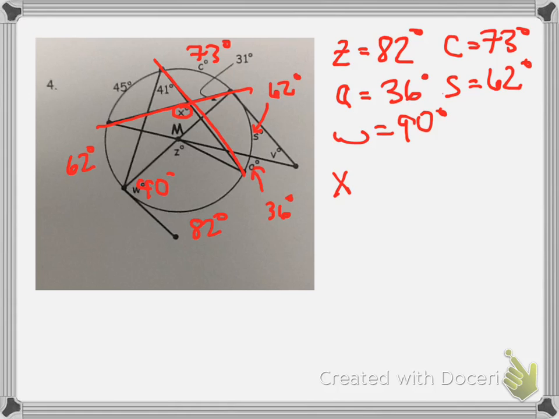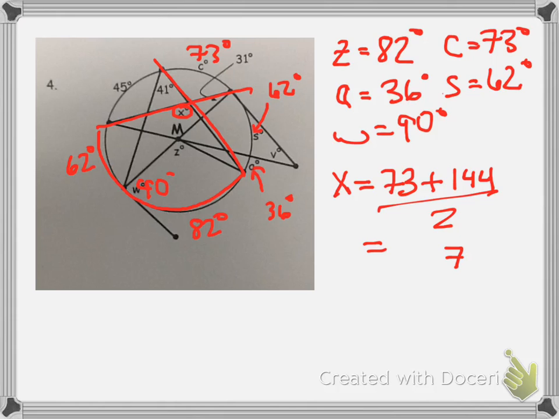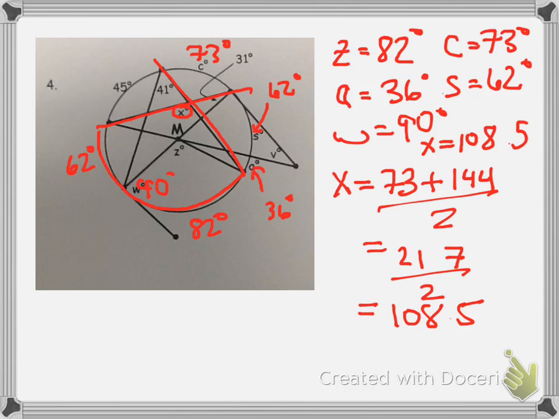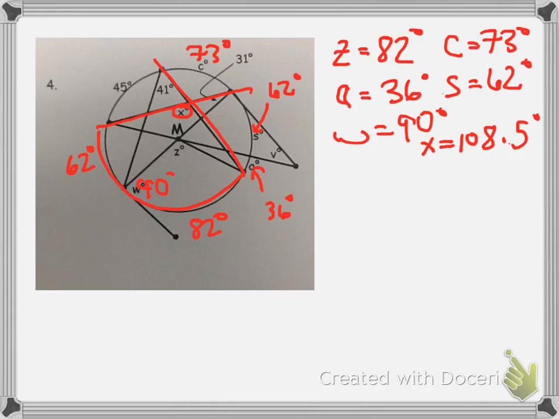So you've got X equals 73 plus, and then 62 plus 82 is 144, so 217 divided by 2, which is equal to 108.5. All right, so X is equal to 108.5 degrees. All right, did I leave anything out?